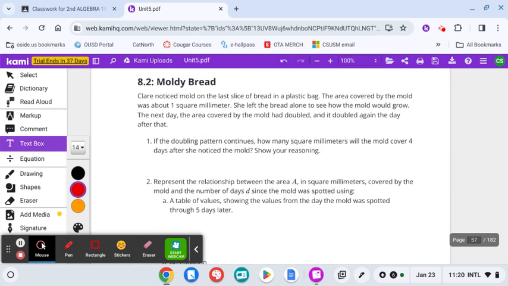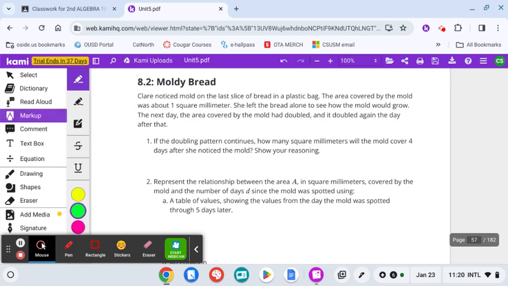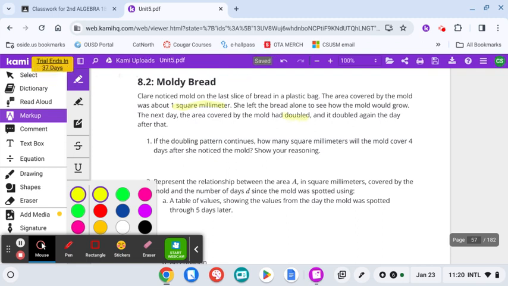Next, in section 8.2, moldy bread, we noticed that we're starting with 1 square millimeter of mold, and then we left the bread alone to see what happened. We're seeing this pattern that it's doubling every day after that. If the doubling pattern continues, how many square millimeters will there be?